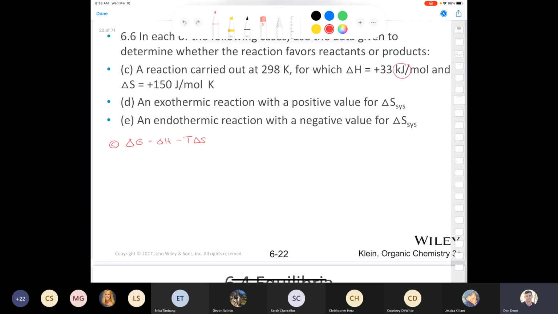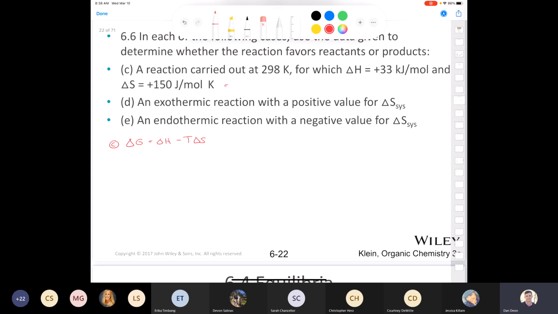Since delta G is normally evaluated in terms of kilojoules per mole, we're going to convert the entropy factor to kilojoules per mole Kelvin. And you guys probably know that there's 1,000 joules in 1 kilojoule.